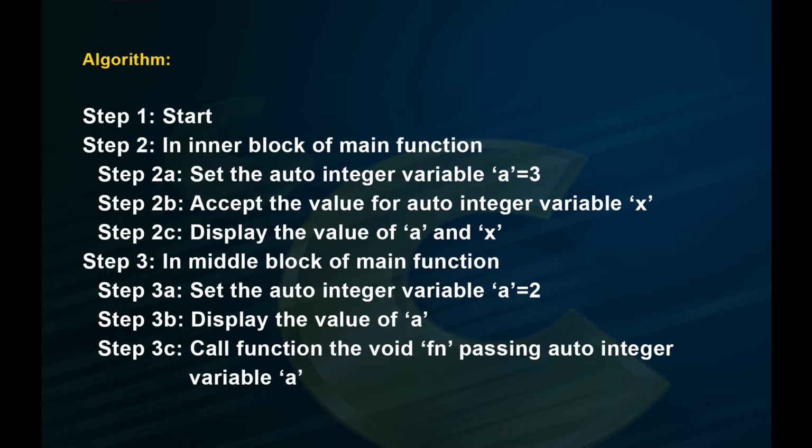Step 3, in middle block of main function: step 3a, set the auto integer variable a equal to 2. Step 3b, display the value of a. Step 3c, call function void fn passing auto integer variable a.